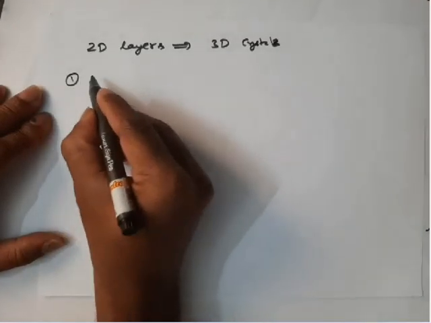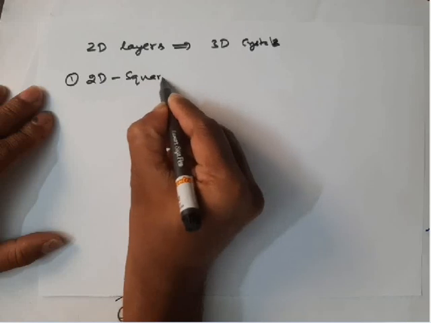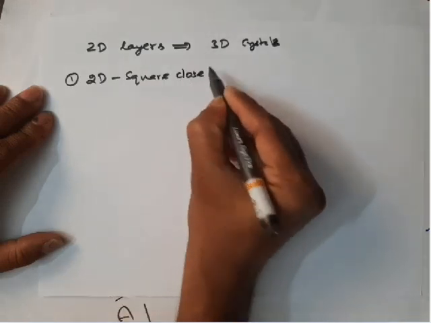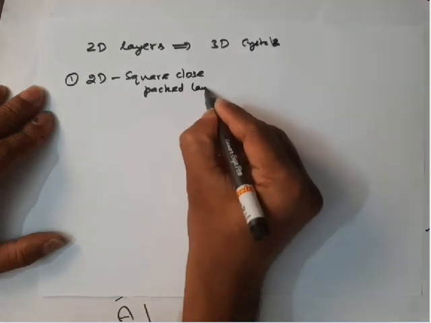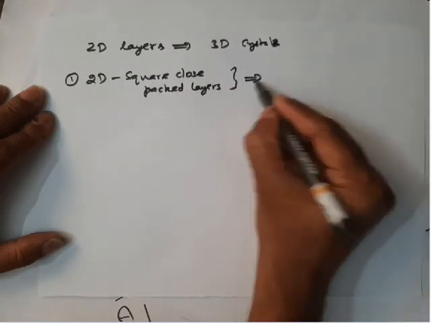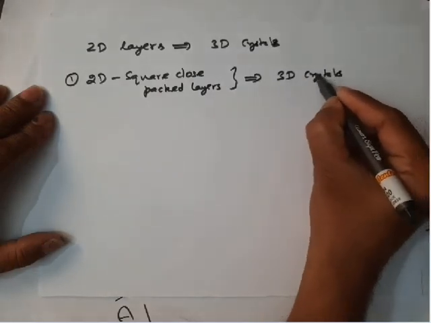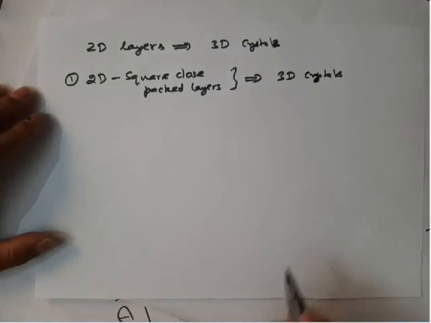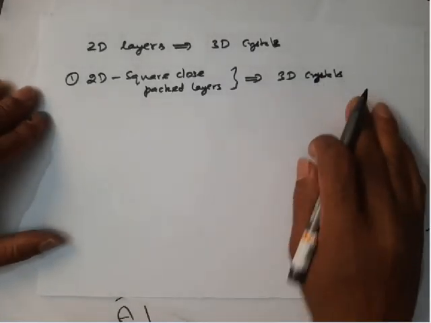First, we took 2D square close packed layers of crystals. Using that we formed 3D crystals, three-dimensional crystals.